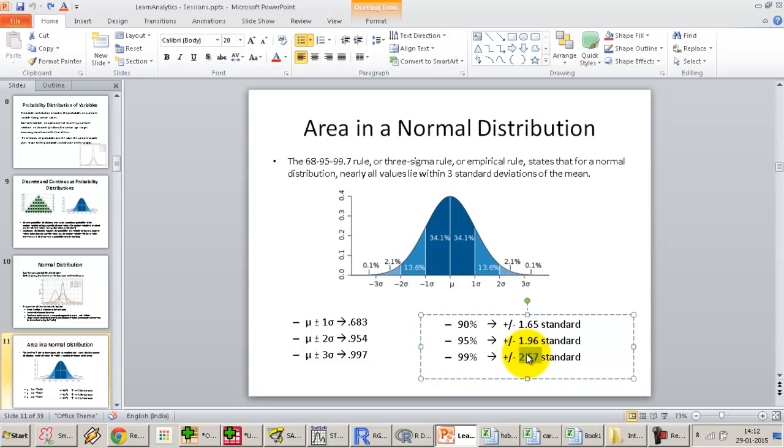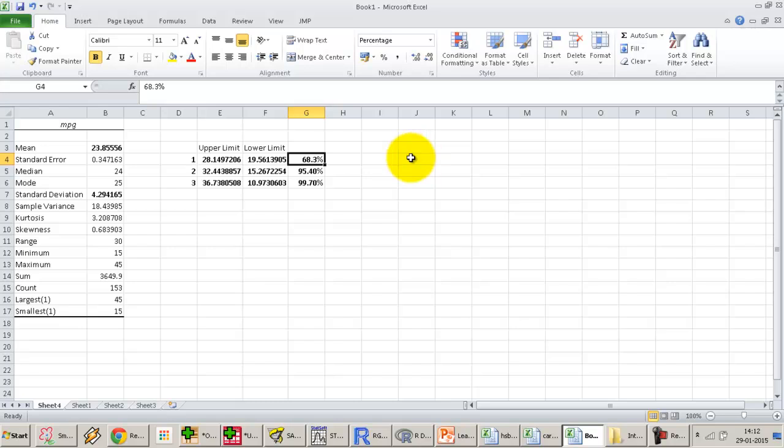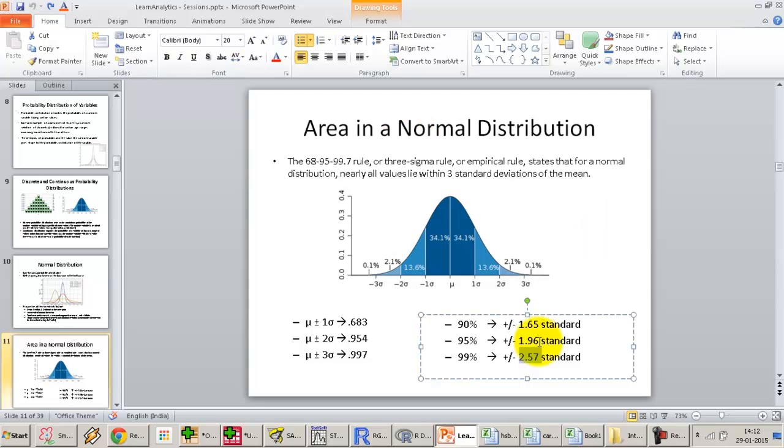So an example exercise in miles per gallon: calculate the 95% interval for the variable. For the 95% interval, the upper limit and lower limit, the number of standard deviations plus minus is 1.96.